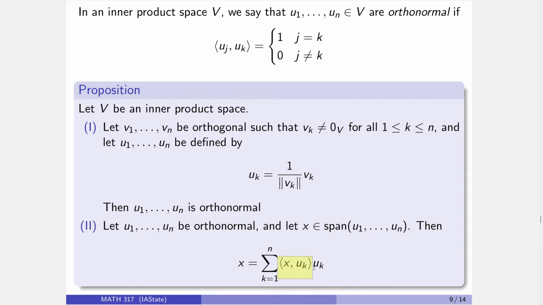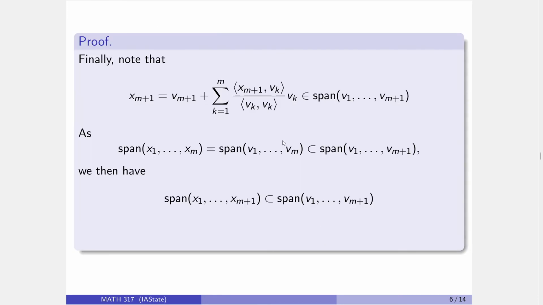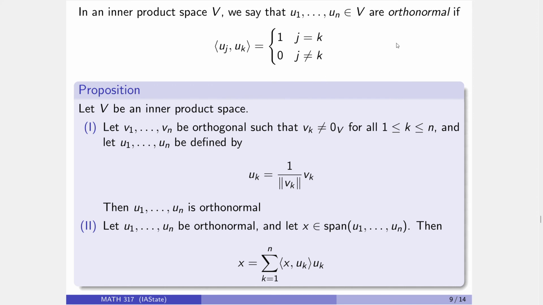And this is the first time we've seen something like this, where I belong to a span and I have an immediate way of communicating the scalars. That is very powerful. It's X inner product with UK, scaling that by UK. And if we go back to the proof here, oh, look, isn't that exactly what I did? Yeah. Oh, yeah, it's all coming together.